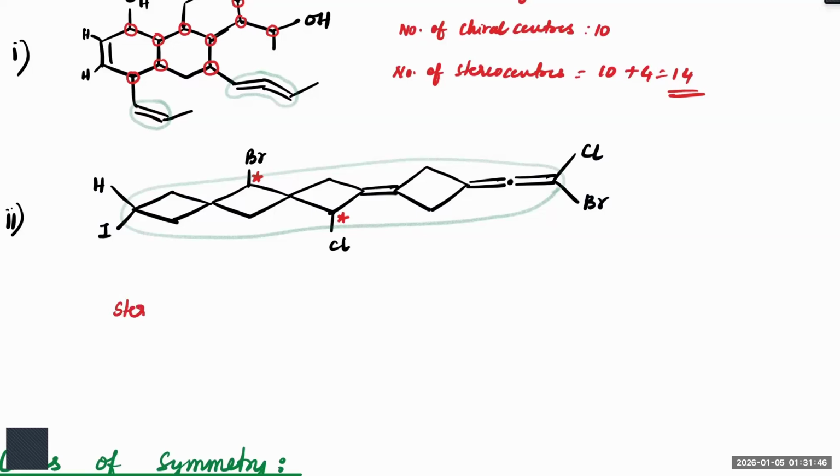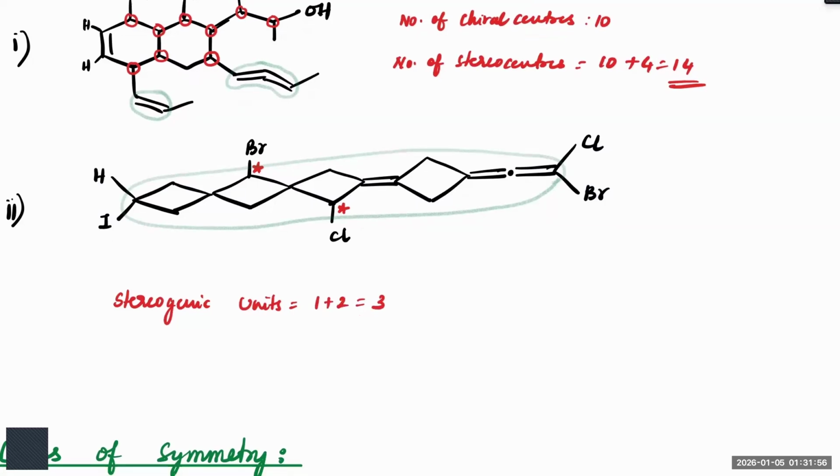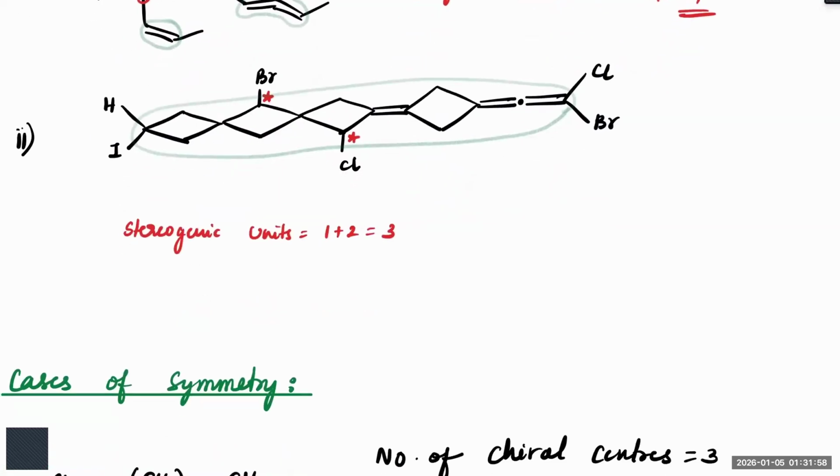So now if I am counting stereogenic units, that's one unit, plus there are two chiral centers. So total there are three units. When it comes to chiral centers, there are only two chiral centers.